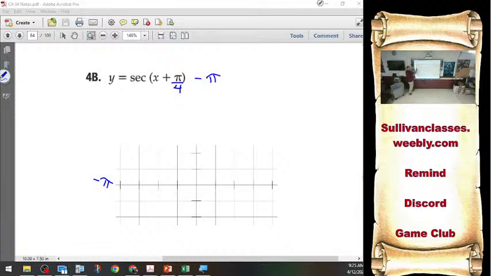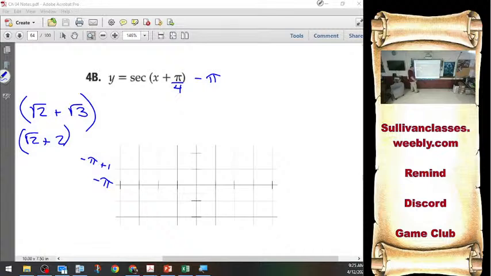Okay, if I said square root of 2 plus square root of 3, those are not like terms, correct? So that's the answer. If I said square root of 2 plus 2, those are not like terms. That's the answer. If I said negative pi, and my amplitude is 1, so I go 1 above and below it, isn't it just negative pi plus 1?